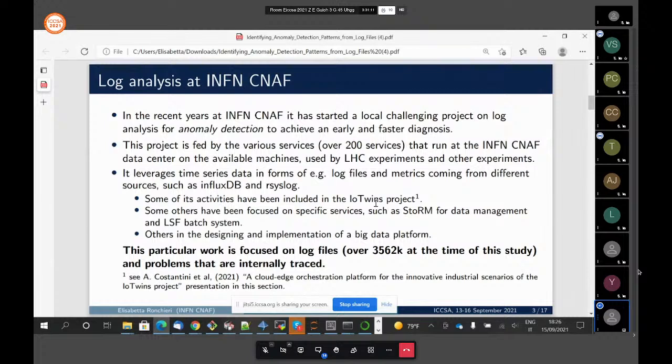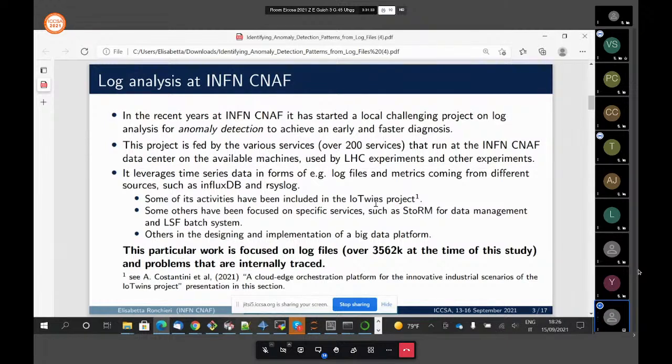There are other activities that intend to design and implement a big data platform where it is possible in the end to perform this kind of analysis on both offline and online data.